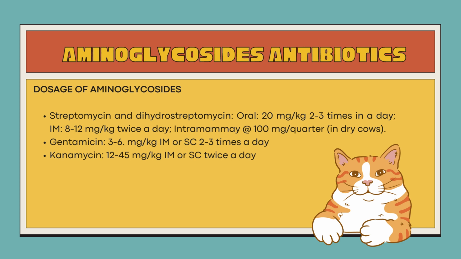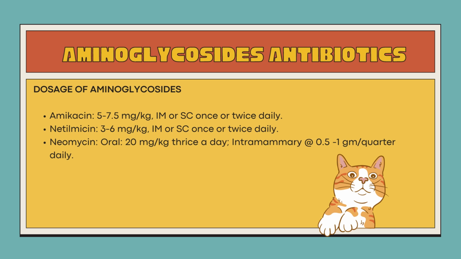For kanamycin, we have 12 to 15 mg per kilogram intramuscularly or subcutaneously twice a day. For amikacin, we have 5 to 7.5 mg per kilogram intramuscularly or subcutaneously once or twice daily. For netilmicin, we have 3 to 6 mg per kilogram intramuscularly or subcutaneously once or twice daily.